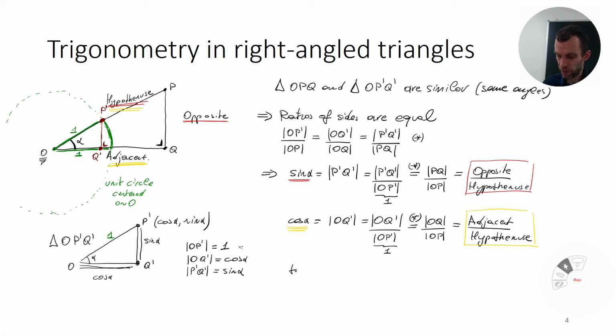And last, there's a formula for tan of alpha, and you can derive it just by dividing sine by cosine, and what you'll get is the opposite divided by the adjacent.